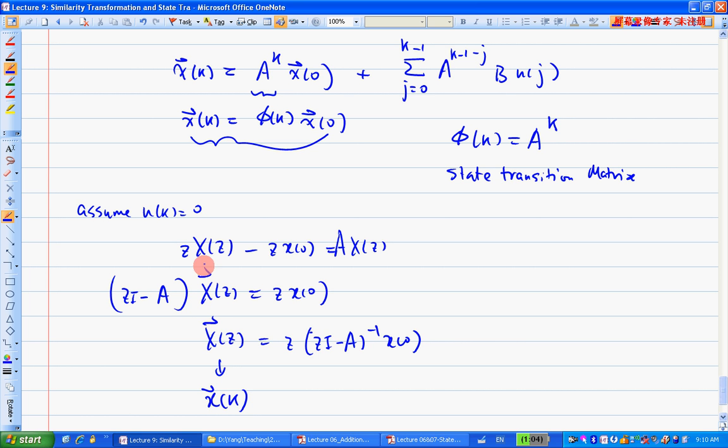X of k, with a vector sign here. So X of k represents this whole bunch right here.